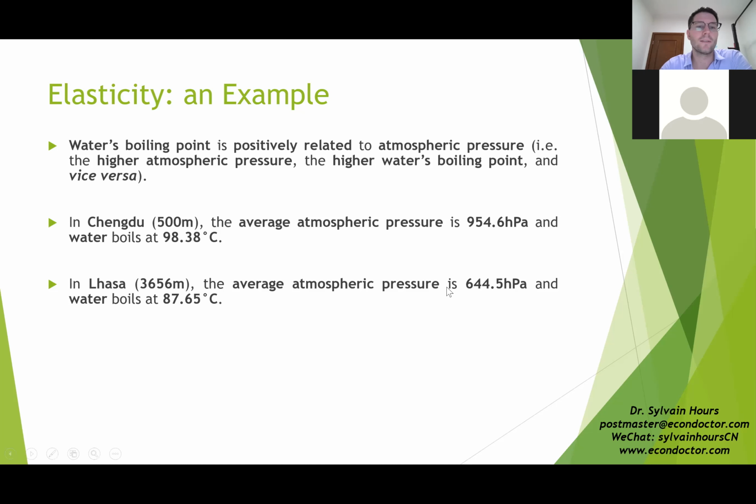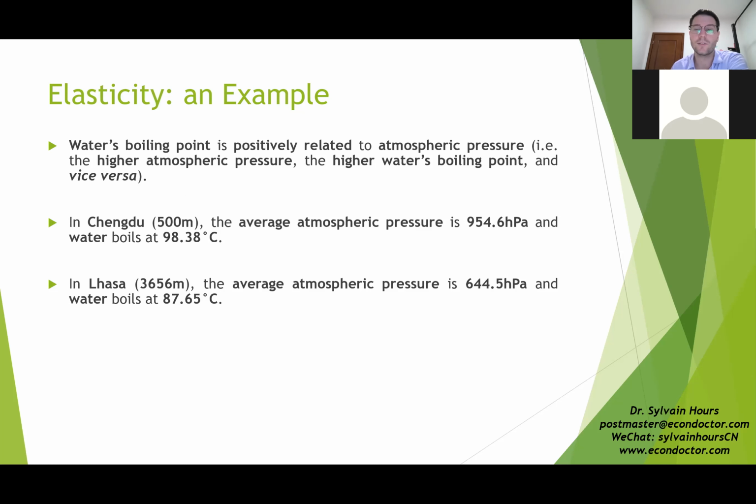Here you have the average atmospheric pressure in Chengdu, which is relatively high because the altitude is relatively low. And here we have the average atmospheric pressure in Lhasa. It's much lower because the altitude is much higher. And of course you see that as a result, the water's boiling point is much lower in Lhasa than in Chengdu.